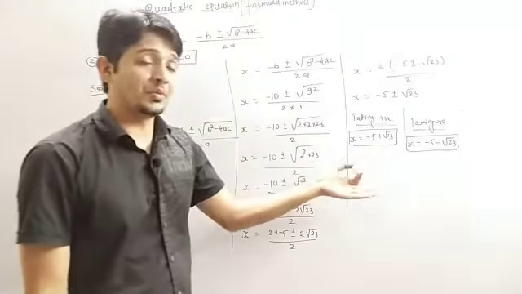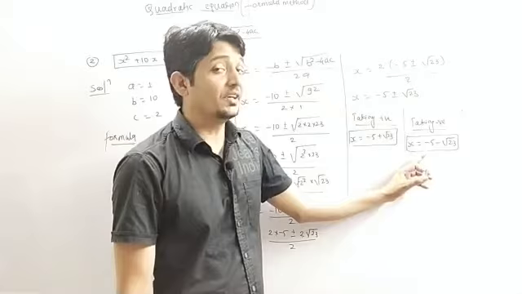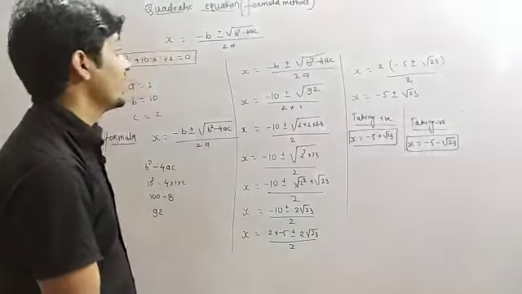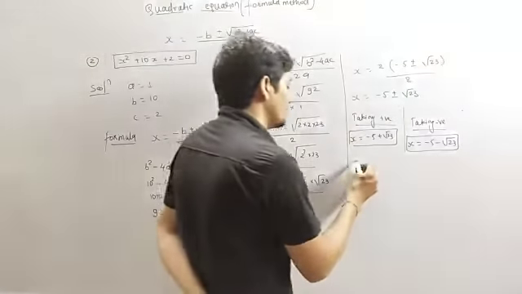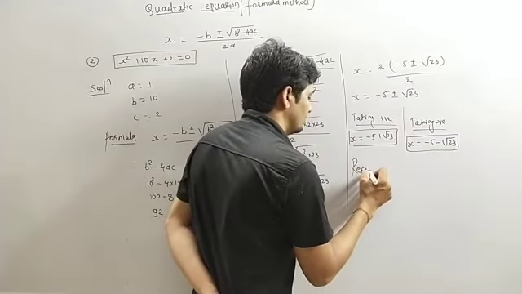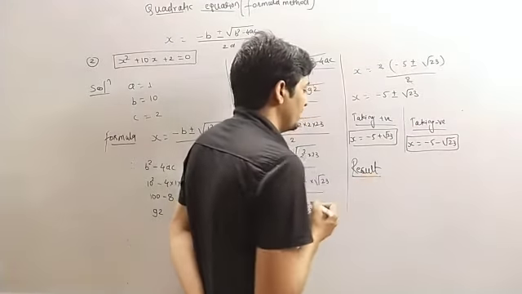So we have the answer because we have both roots of the quadratic equation. That means we have to write the result now. So what will be the result?